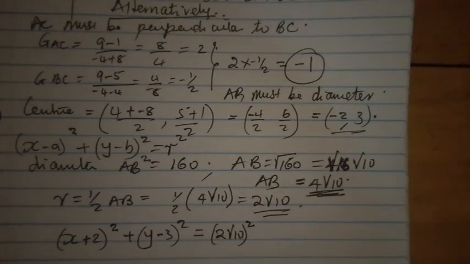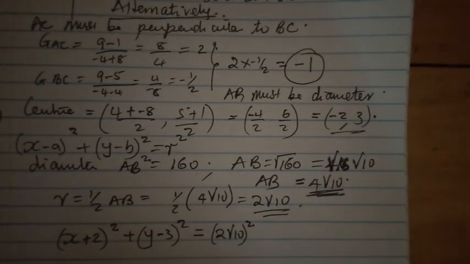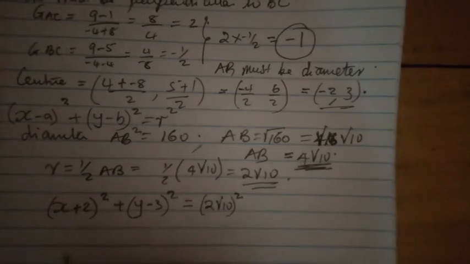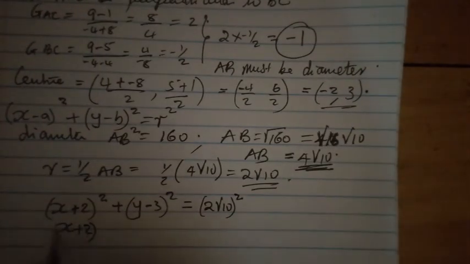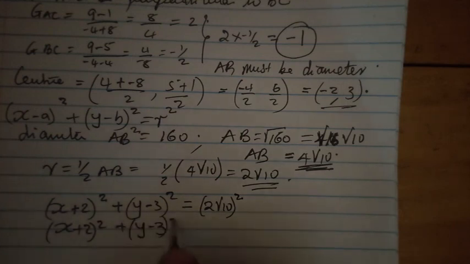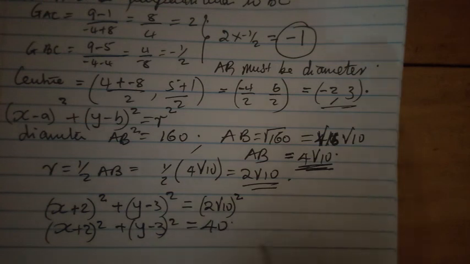Expanding, you realize (x plus 2) squared plus (y minus 3) squared equals 4 times 10, because if you square this one, it gives you 4 times 10, which is 40. And that is the equation of the circle.